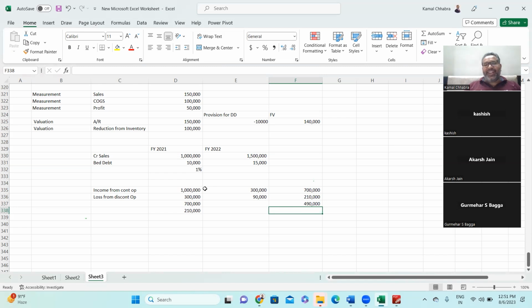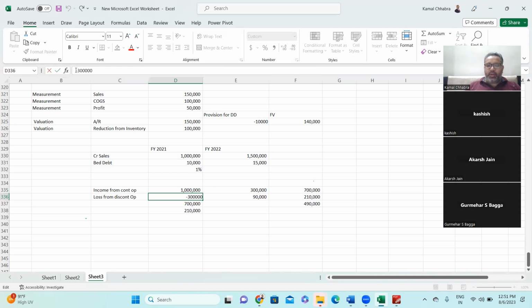Let me explain. First, you have income. Income is $1 million, right? Then you have losses of $300,000, right? So you have total income without tax effect of $700,000, right, Kashish?